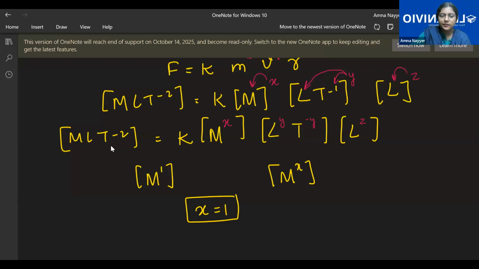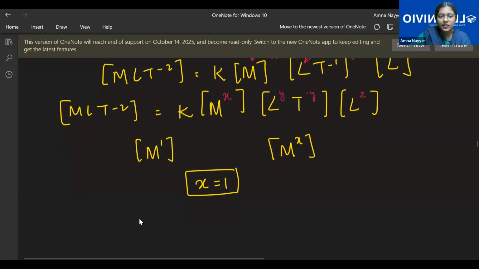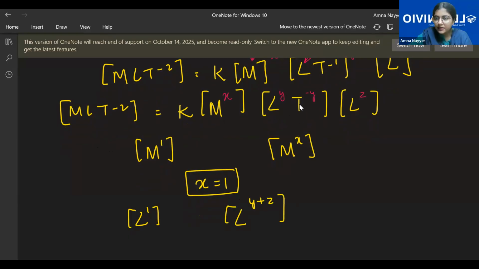Now let's say length. What are the dimensions of length here? It is 1. See, bases are the same, so powers get added up. So here it is L to the power Y plus Z. Whenever the bases are the same, the powers get added up.